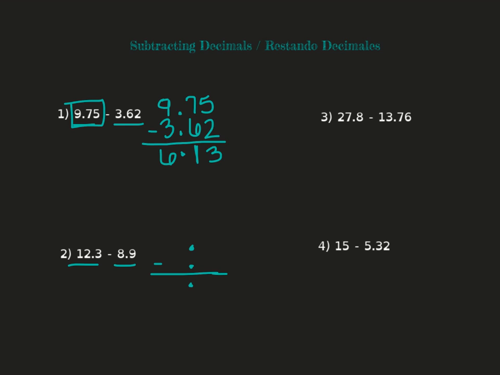So I'll start by filling it out. In this first number, I have 2 digits to the left of the decimal, so I'm going to put 12 on this side, and I have 1 to the right, which is 3/10. In my second one, I have 8 and 9/10, so I have 1 digit to the left of the decimal, and then I have 9/10.